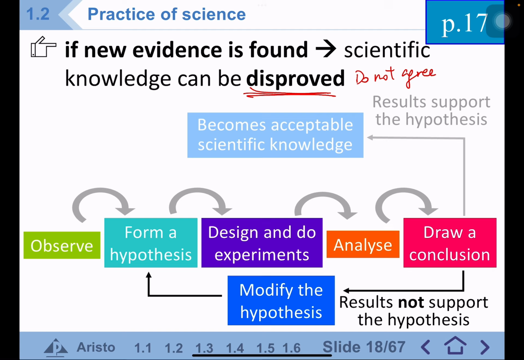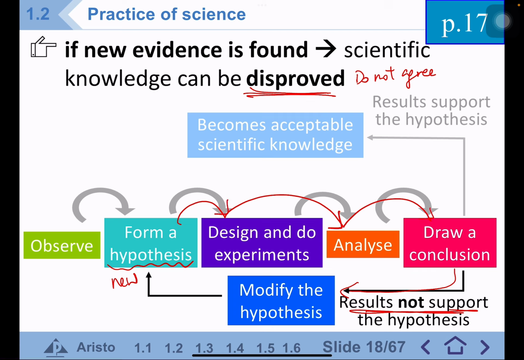So maybe they find that the hypothesis is wrong, so the result does not support the hypothesis. Then they need to go back. Maybe this is not the correct answer, so we need to think of another possible answer, a new hypothesis, and then continue to do the different steps again.